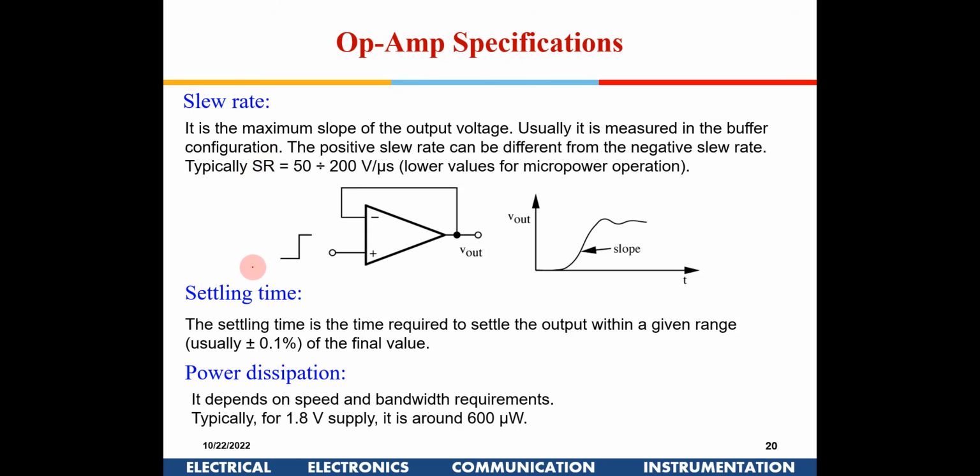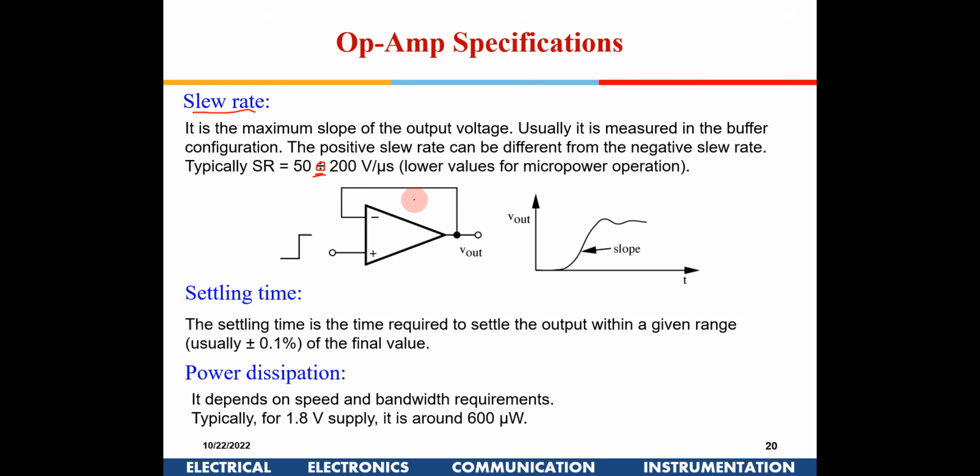There are a few other terminologies associated with op-amp. One is slew rate, the maximum rate at which the output can change. It is typically 50 to 200 volts per microsecond.